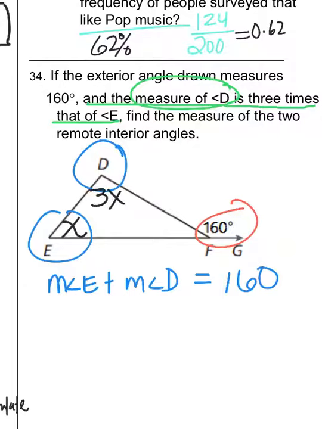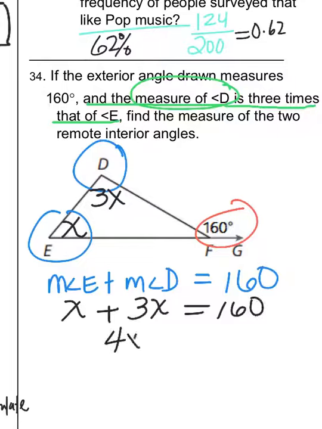So we know that the measurement of angle E is x. We know that the measurement of angle D is 3 times the measurement of angle E, which is x. And we know that the exterior angle is 160. So now we can solve this equation. x plus 3x is 4x, and it equals 160. If we divide by 4, x is equal to 40. Now we can find both measures.